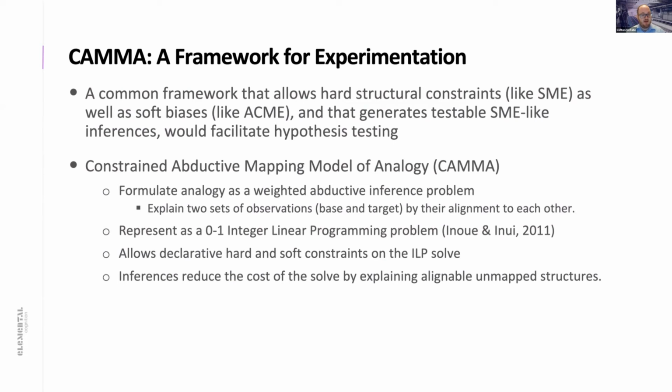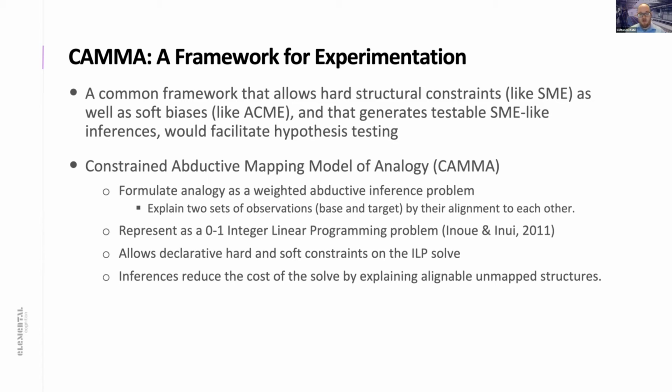And what I have done is I've formulated analogy, structural alignment, as a weighted abductive inference problem, where the goal is to explain two sets of observations, a base and a target, by their alignment to each other. So I can justify two sets of propositions based on how well they align.